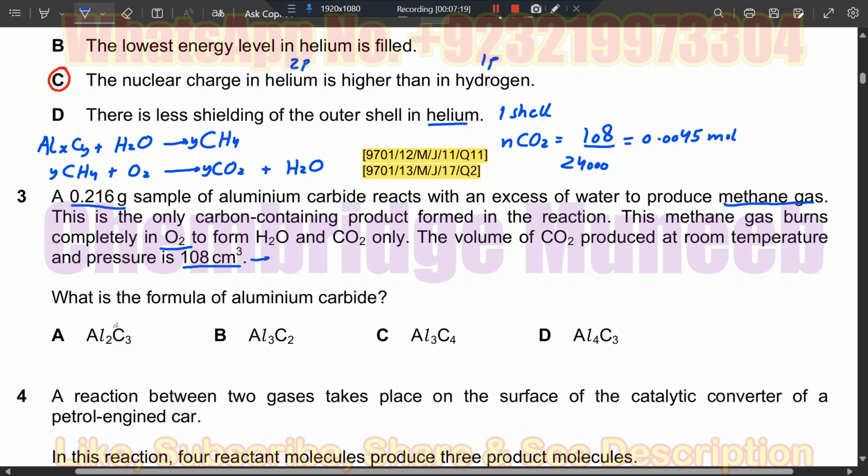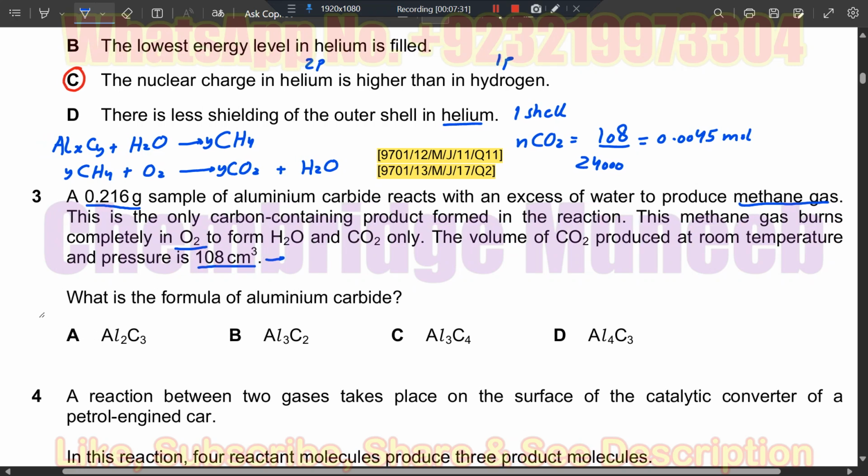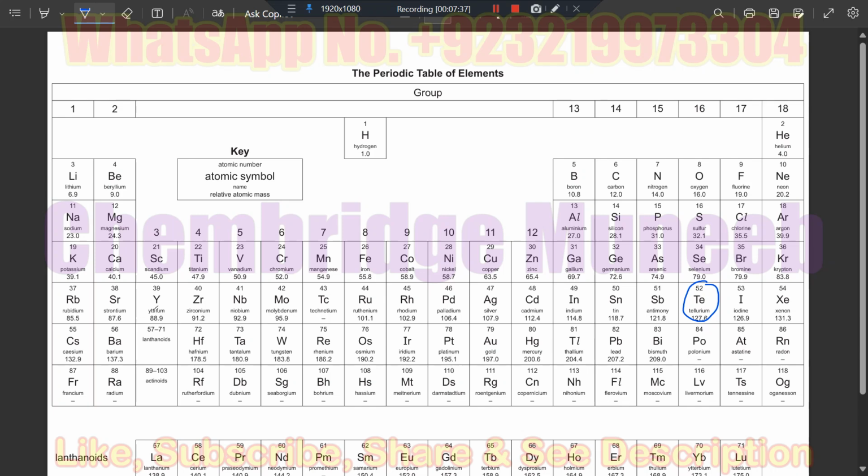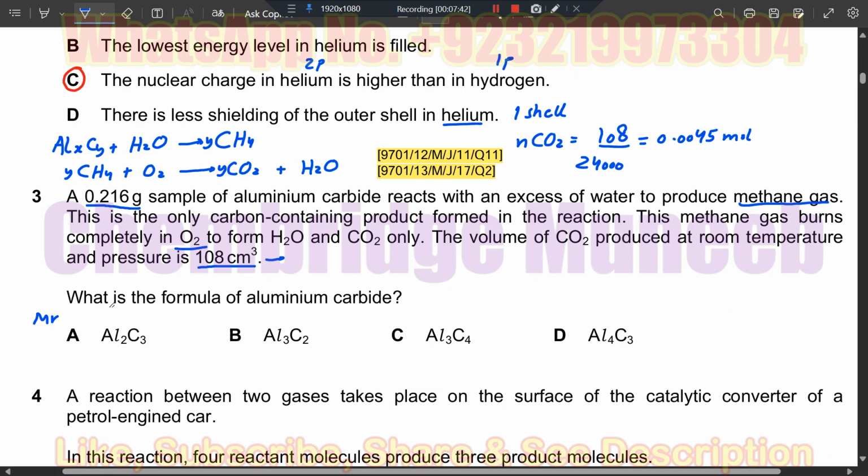So let's suppose the first compound A is Al2C3. If we want to calculate its mole, we first need to have the MR value of this compound. The MR value for all these compounds can be calculated. The atomic mass of aluminium is 27, so 27 times 2, plus carbon's mass is 12, so 12 times 3 is 36.